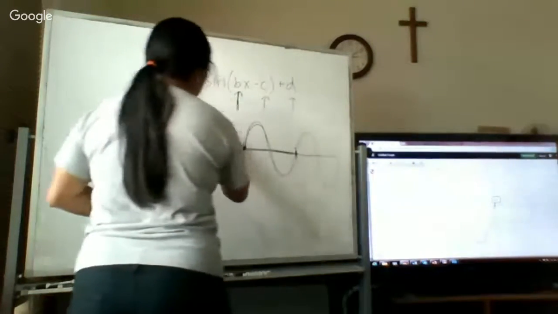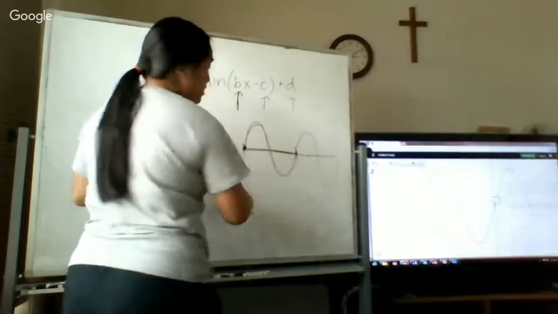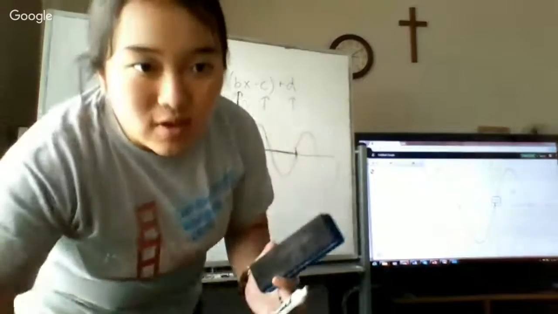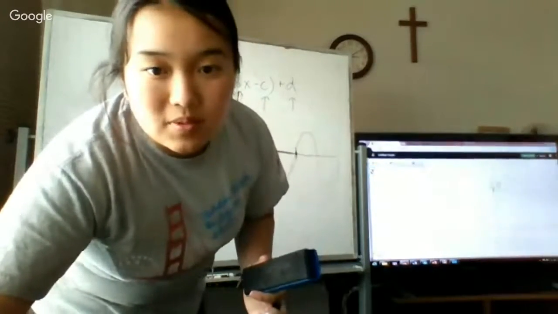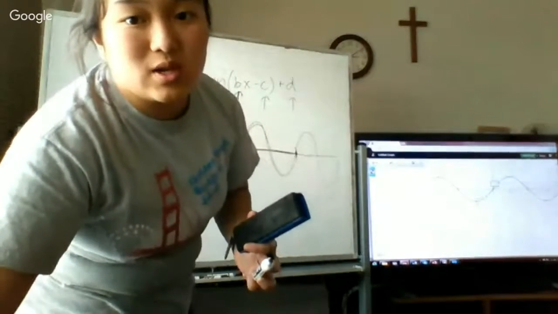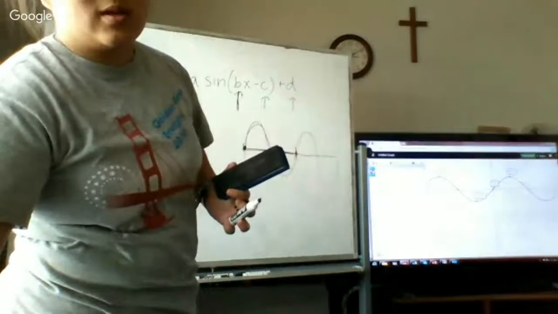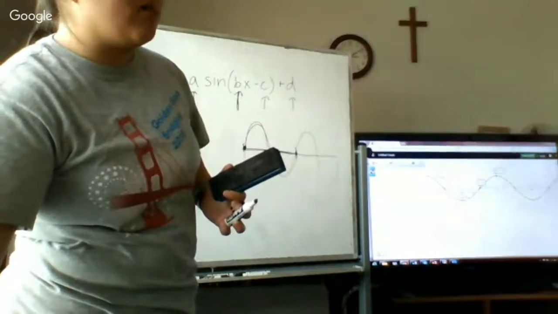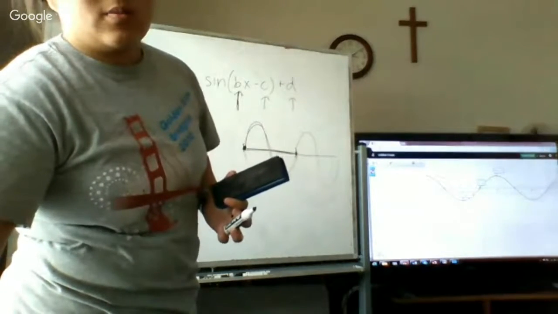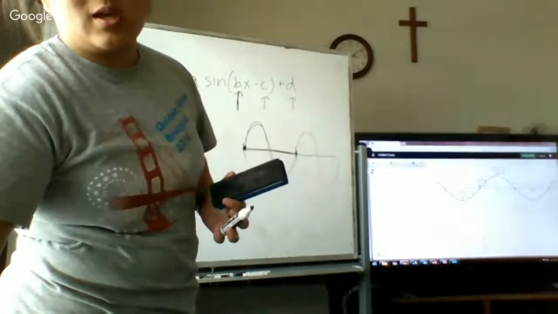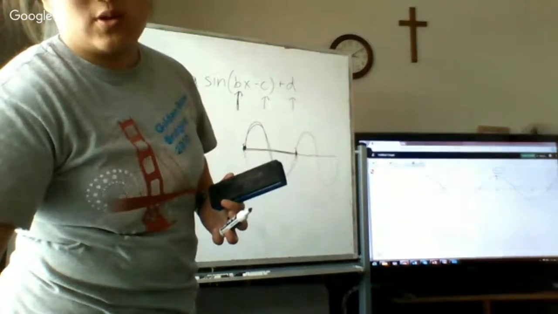Well, you would take this into account when you're graphing, because if we go back to just sine of x, the period is basically the distance between any corresponding point. So as long as you know how long one cycle is, then you can repeat that for however many times, right? So the period is essentially telling you how long this one cycle is going to be.